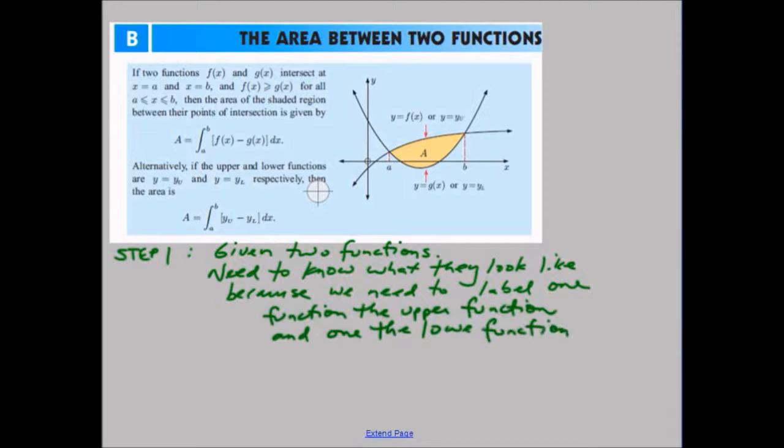So for instance, in this example up here, we've got this curve, and we have this curve. Since the area which these two curves enclose is here, and this curve is on top of that area, we will call this one the upper function.